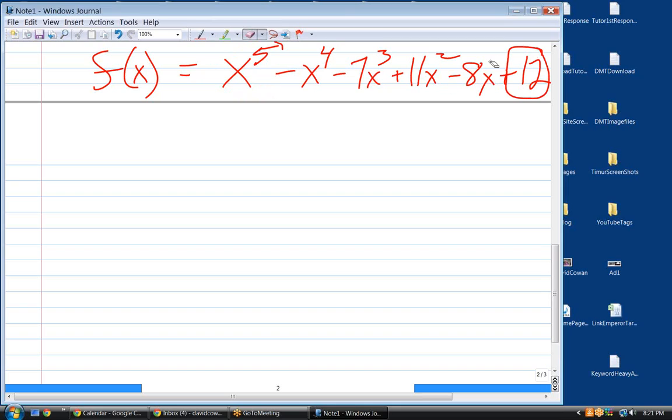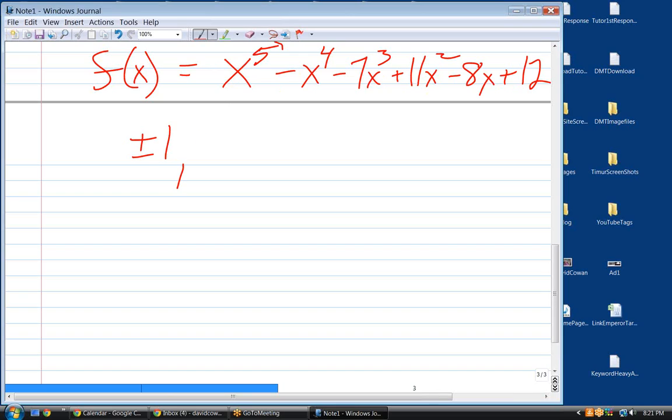Okay. So what happens? So then it was like 3x to the 5th. How would that change it? Well, first of all, in this situation here, our numerator has to be factors of 12.